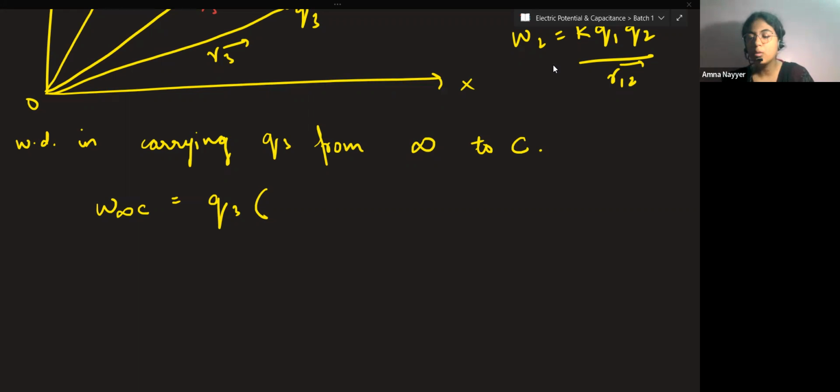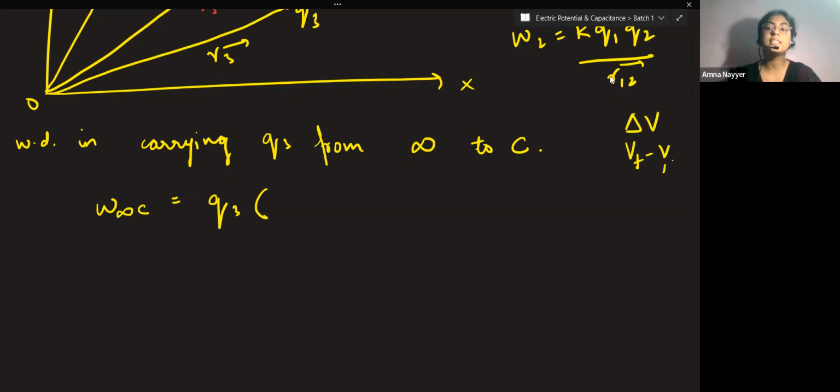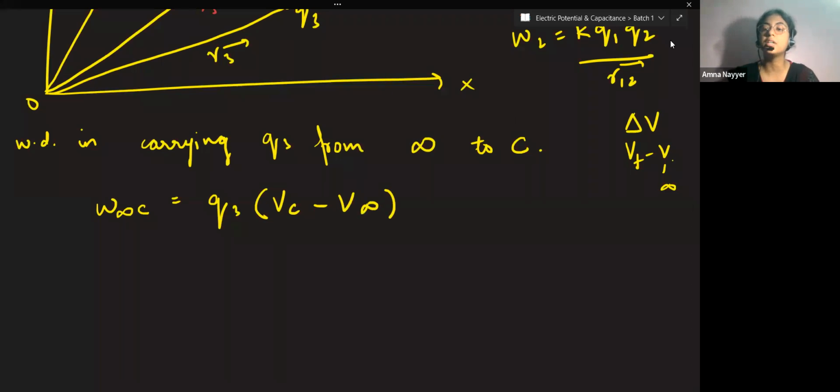How do you calculate the change? Final minus the initial. The charge is coming from infinity, so infinity is the initial point. That's why you write infinity after. And the final point is point C. So that's why you write VC minus V infinity. This is the work done.